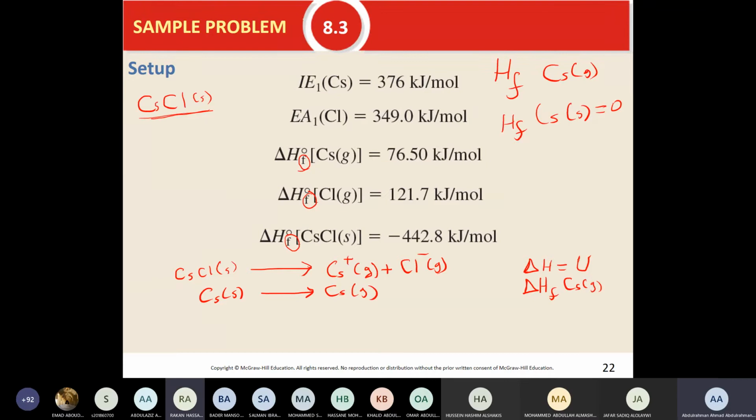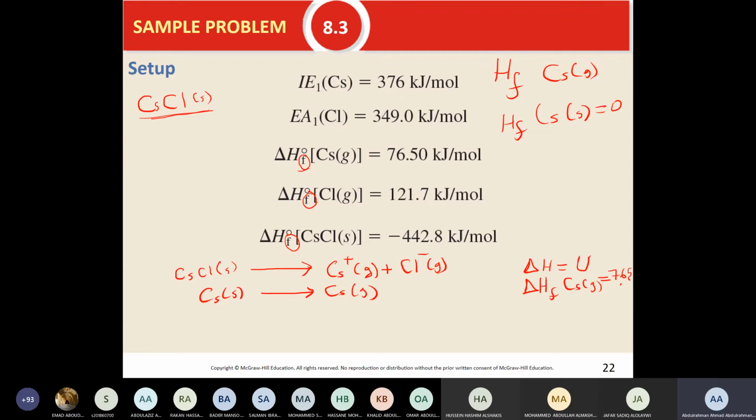Now, what's the value for this one? 76.5. Exactly. Good.